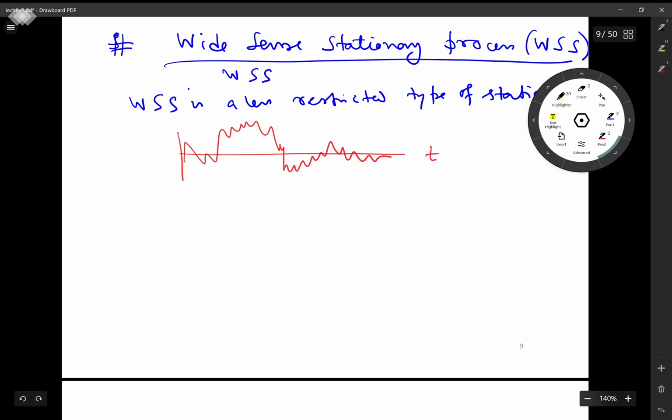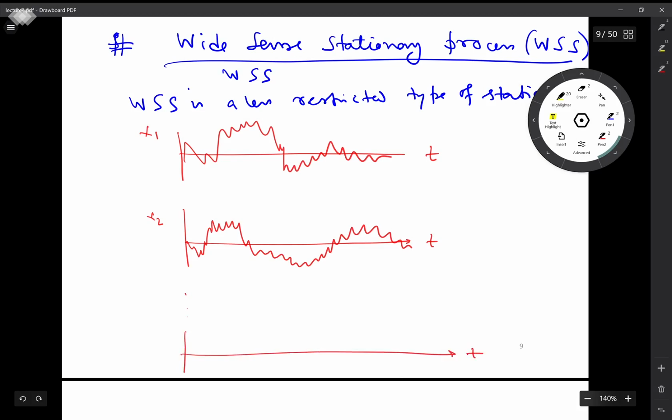Say this is t versus x1. Now this is t versus x2. Similarly it will go on. Let's say we have t versus xn.